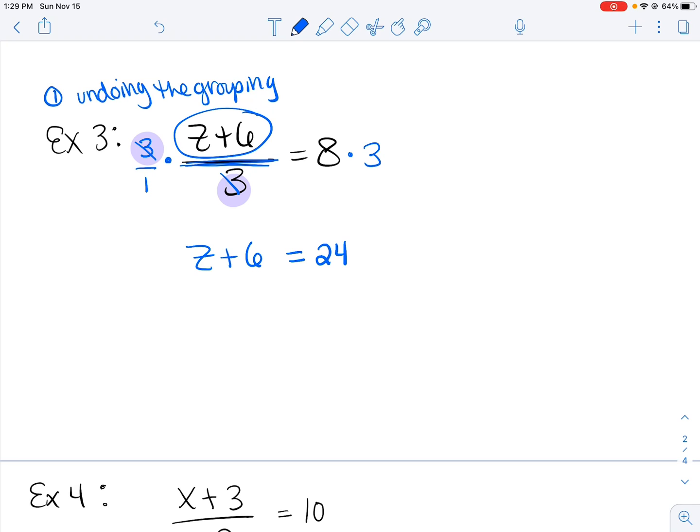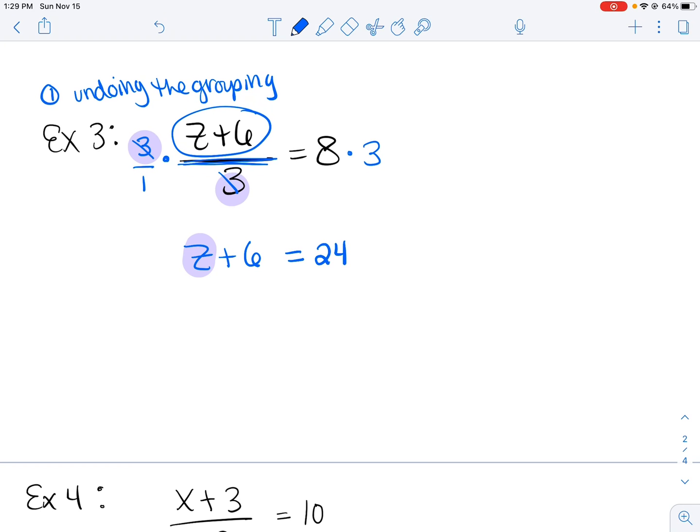Okay. And then we know z plus 6 is equal to 24. Well, if I want to isolate the variable, again, I'm still trying to get z alone. If it's plus 6 on the same side of the equal sign as z, then I would do a minus 6 to both sides. So z is actually equal to 18.